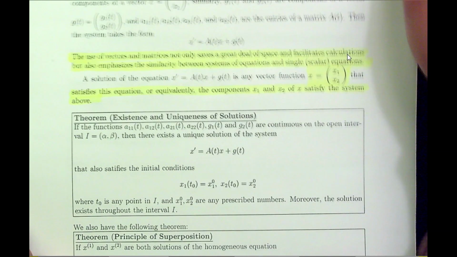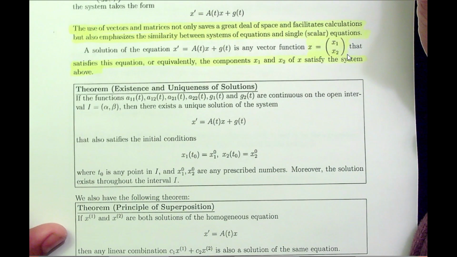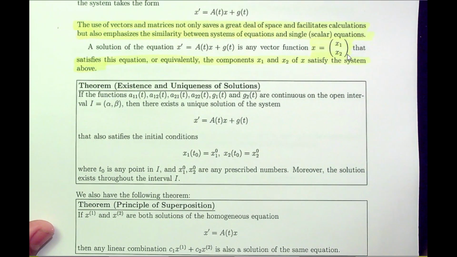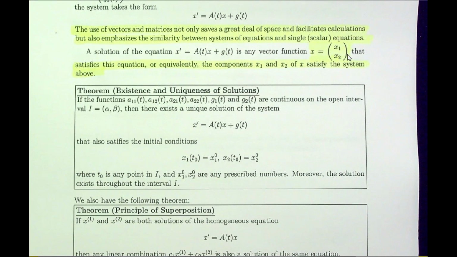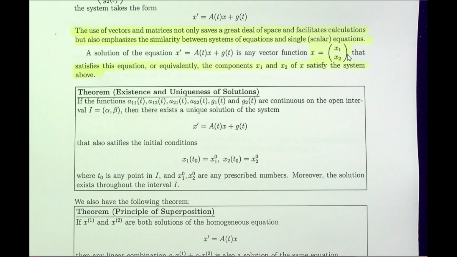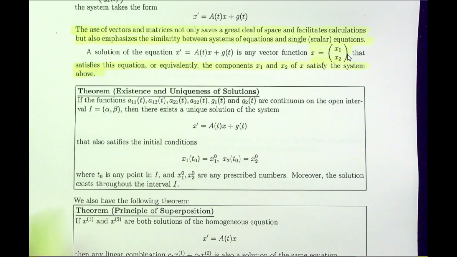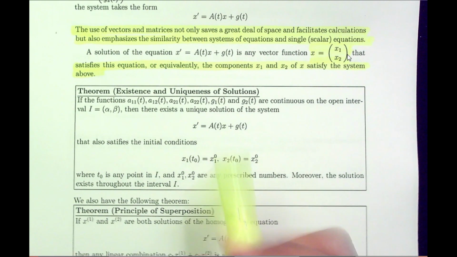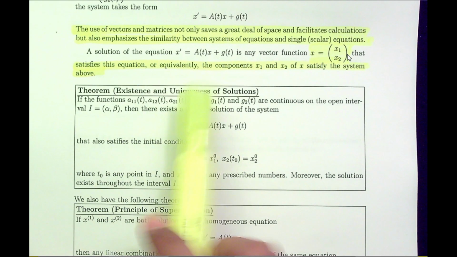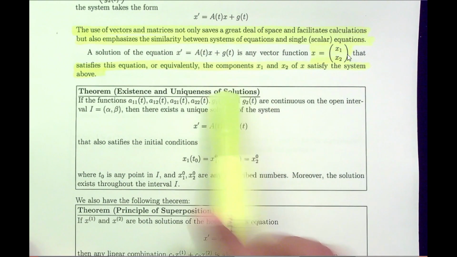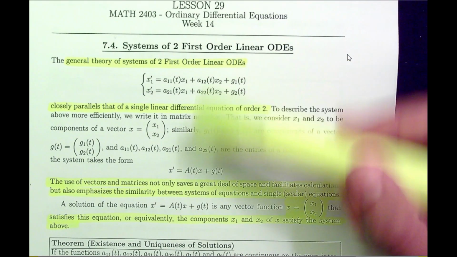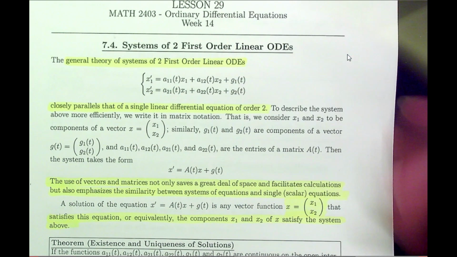All right, how do we know that a solution to a system exists and is unique? Well, this theorem is very similar to the theorems that we have already learned. Basically, when all of the functions involved are continuous simultaneously on the same interval. So you would need all the entries of the coefficient matrix, and this G to be continuous, which means that G1 and G2 are continuous.